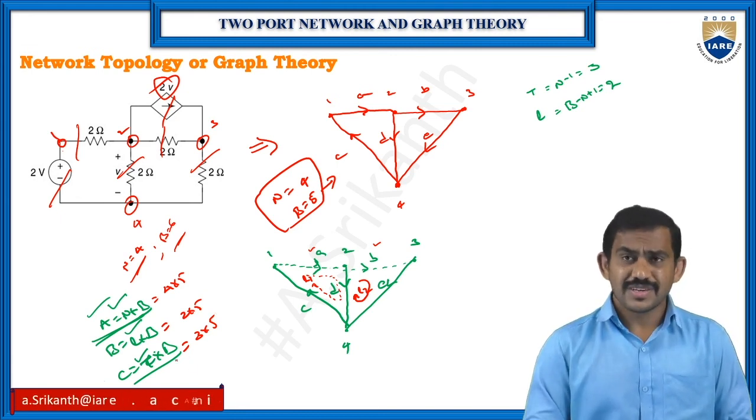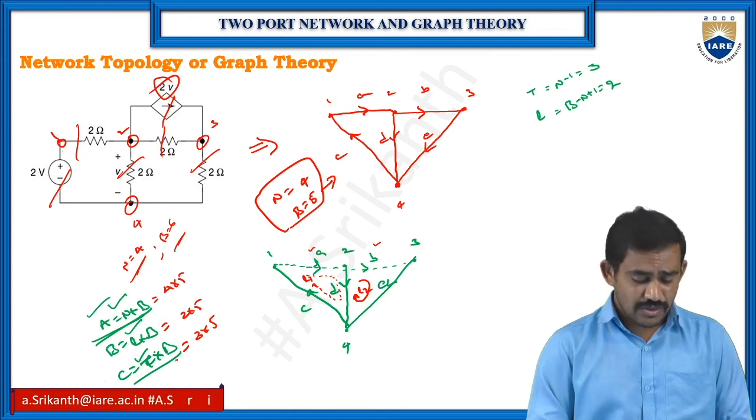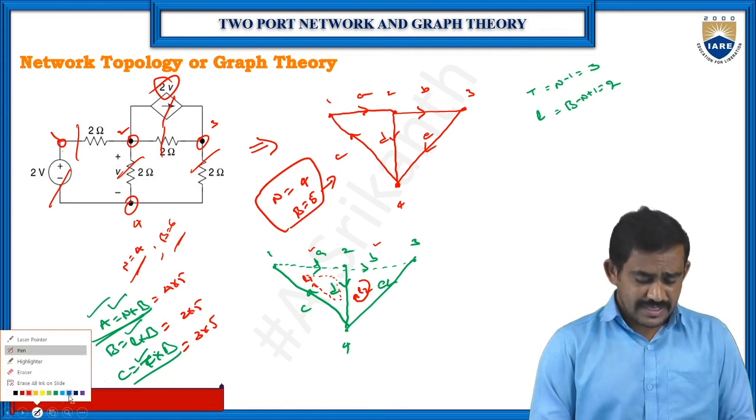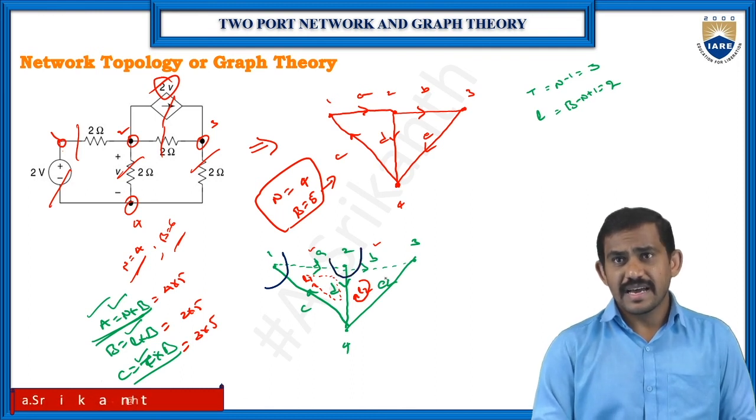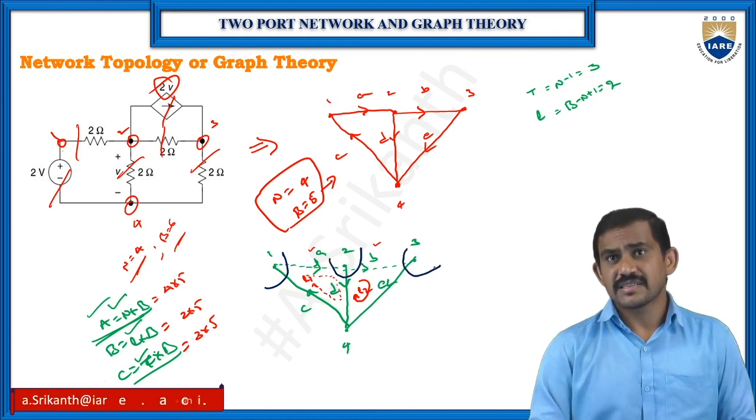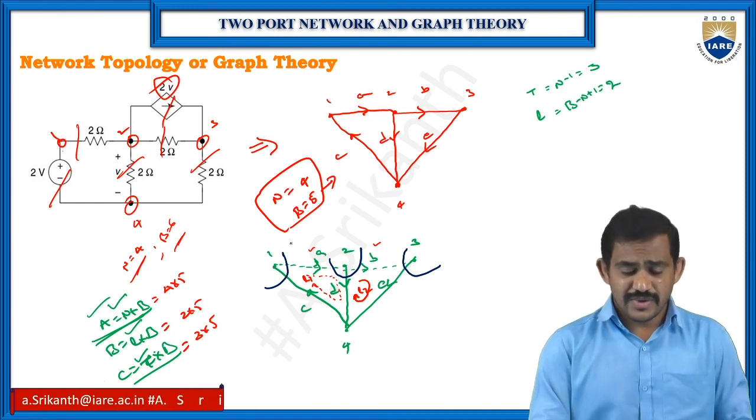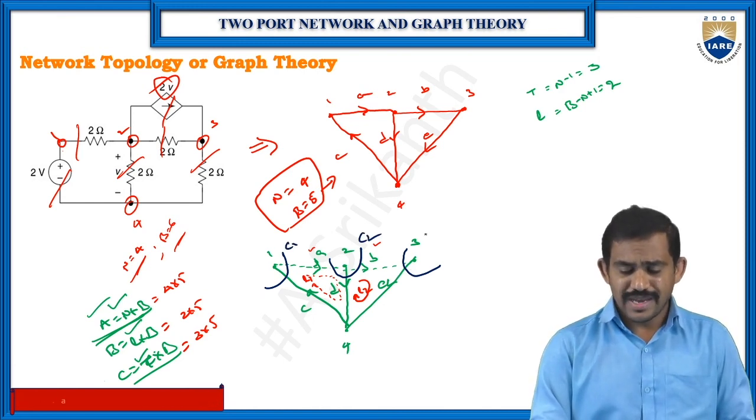For the C matrix, we can cut any place on those trees. So how many trees do we have? 3 trees. So you can cut tree C here, tree D here, and tree E here. Then check the direction for C1, C2 and C3.